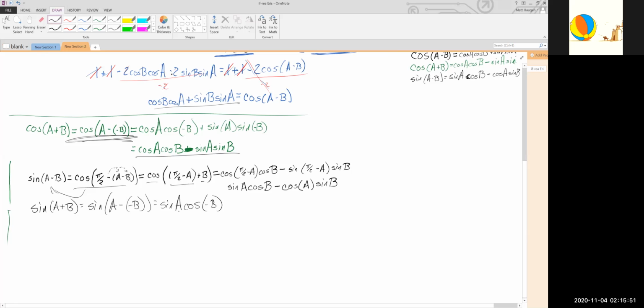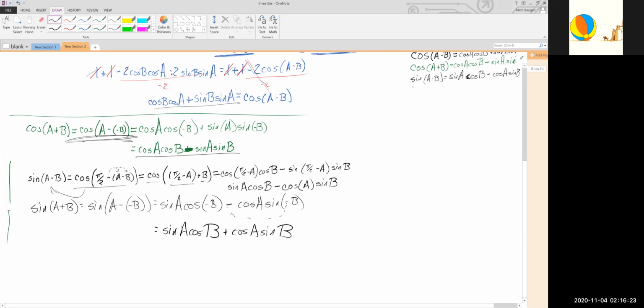We know that negative is just going to drop away because cosine, minus the cosine of a times the sine of the opposite of b. And again, we know that one's just going to come out. So equal to the sine of a cosine of b, again, because cosine's an even function. That negative is going to come out, make that a plus. The cosine of a sine of b.